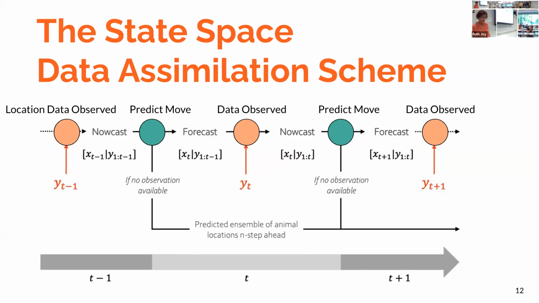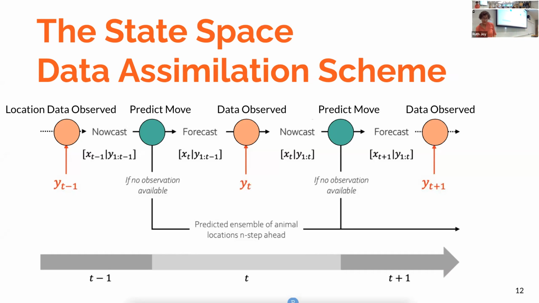So that should make some sense, hopefully. Maybe I'll skip over this, but it's just to say this is a data assimilation scheme. You bring data into the system, and then you predict forward, and then the data itself corrects that prediction, and then you predict forward in time again.